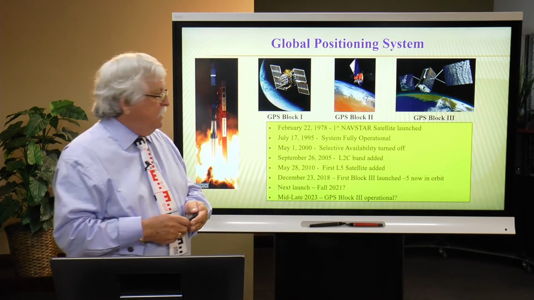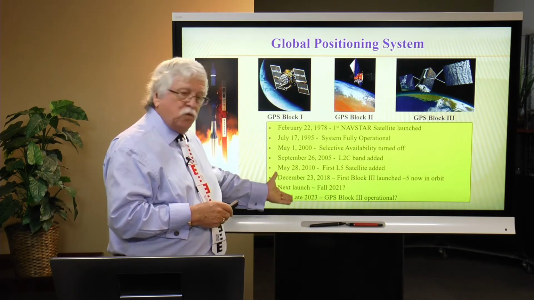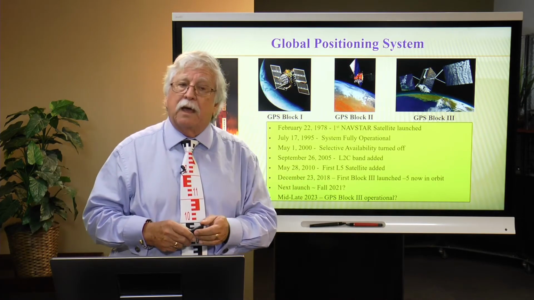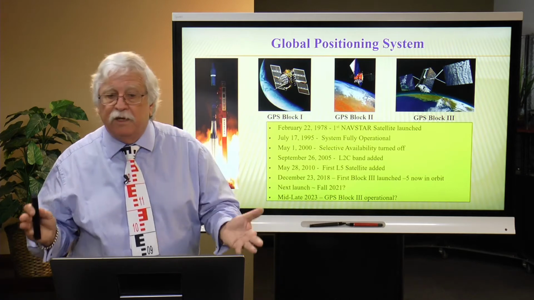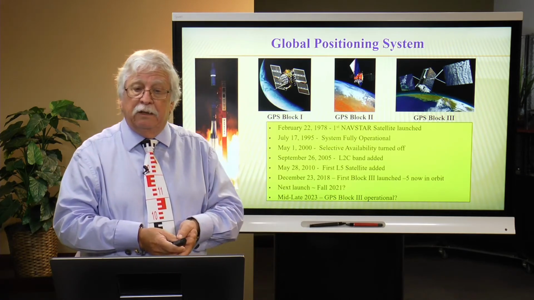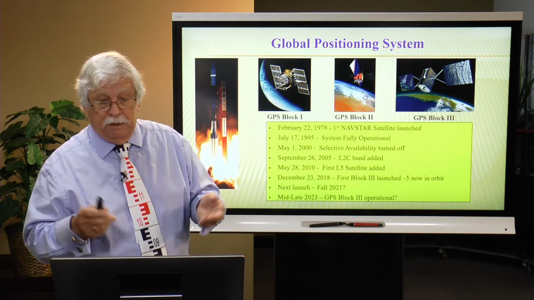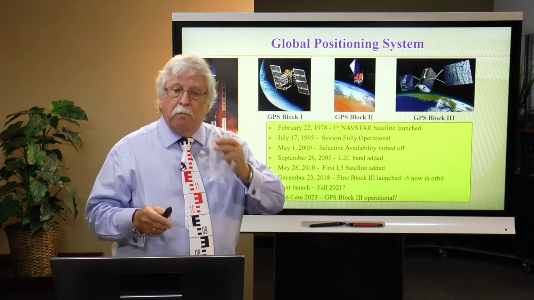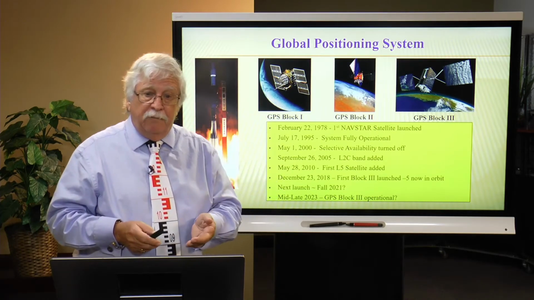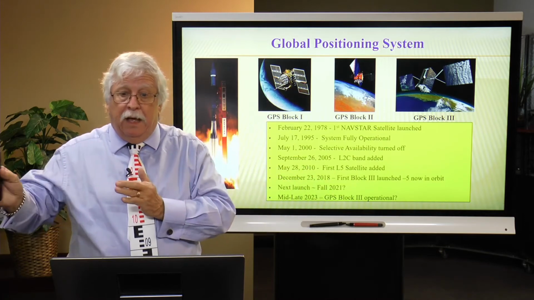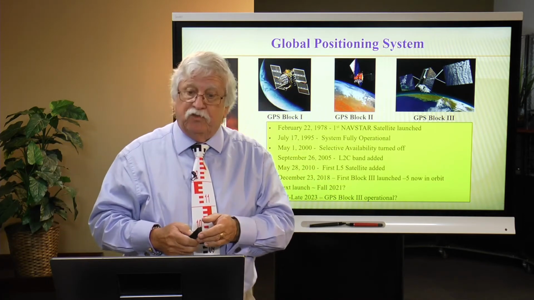But what we're anticipating is that by late 2023, we will have a complete constellation of Block 3 satellites, which will vastly improve standard positioning capability anywhere, literally, not just the United States. So we're on the verge of some dramatic changes in positioning, and it's going to be important to understand these distinctions between our national datum and the datum that's provided by GPS.